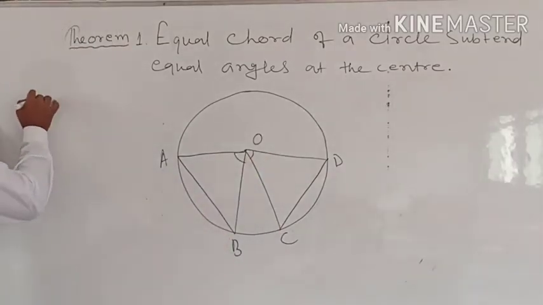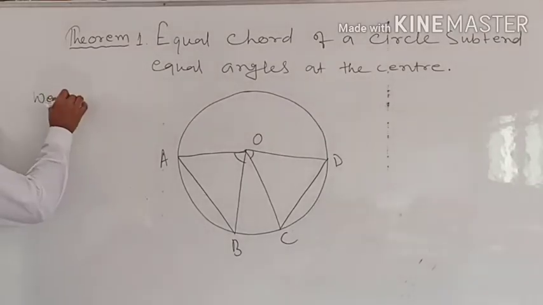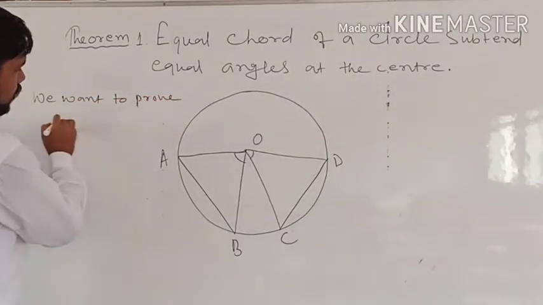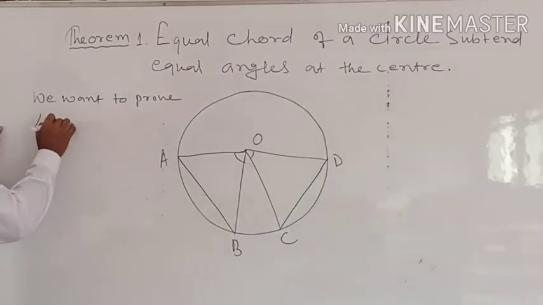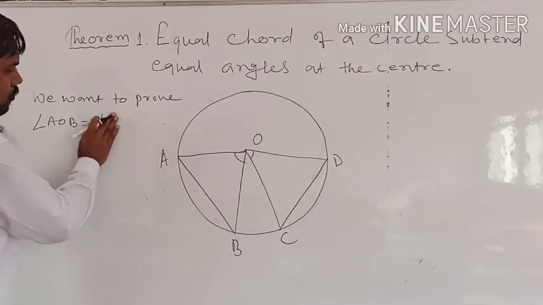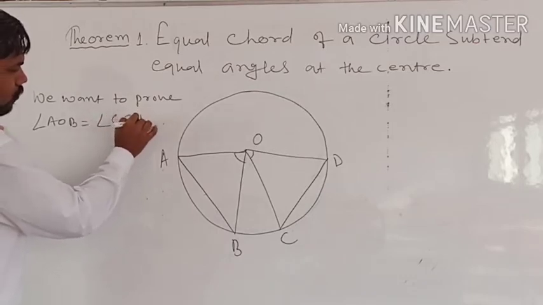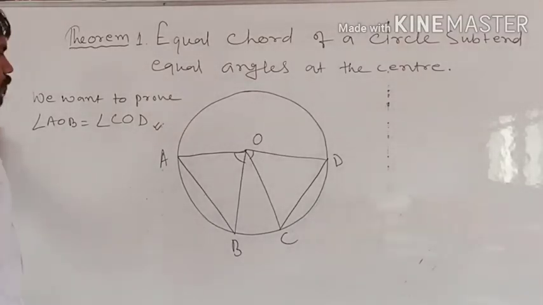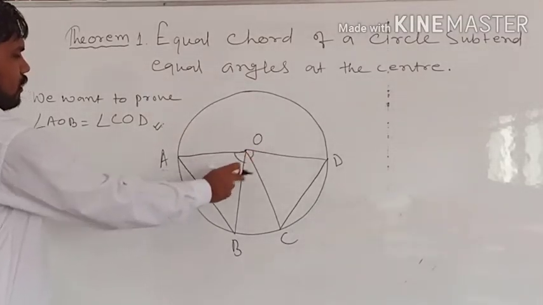Let's write it: we want to prove angle AOB is equal to angle COD. Or, this angle is equal to this angle. This is the proof which we need to do.